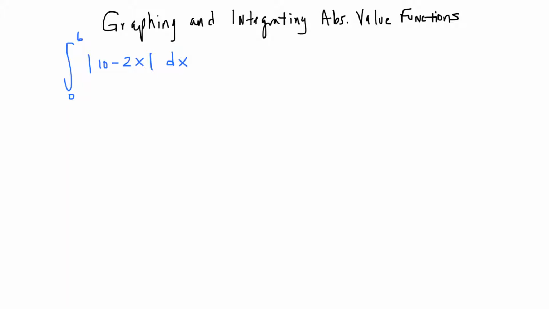Okay, so let me start by saying that the absolute value of 10 minus 2x is equal to a piecewise function. One will be the positive 10 minus 2x with some domain, and the other will be the negative 10 minus 2x with its own domain.